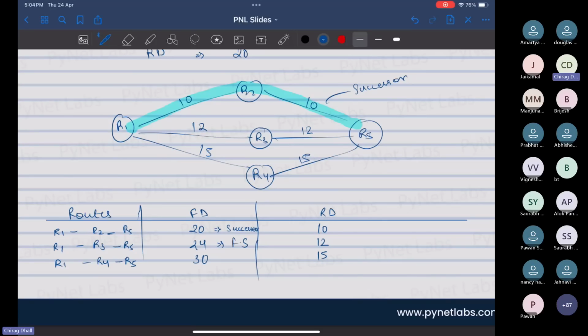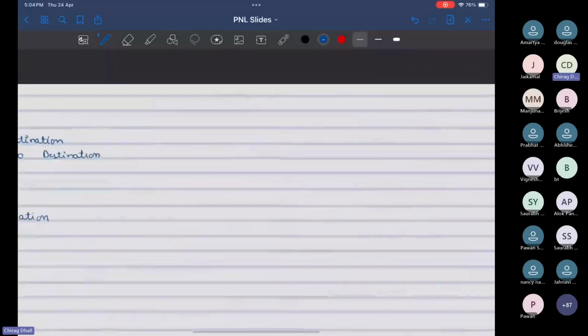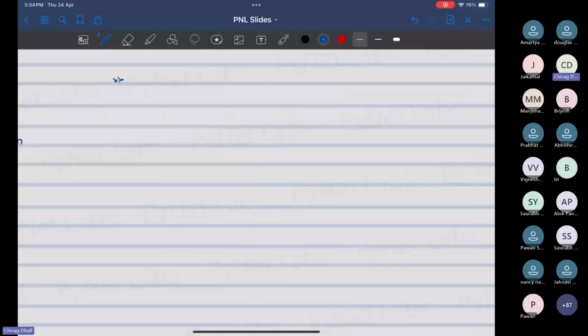But before we can define it as feasible successor, we have to make sure that it meets the feasibility condition. What is the feasibility condition?